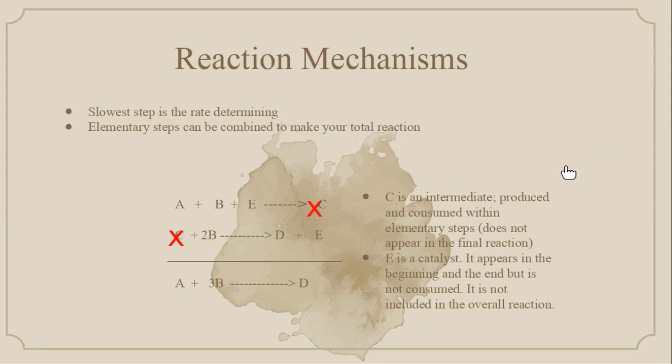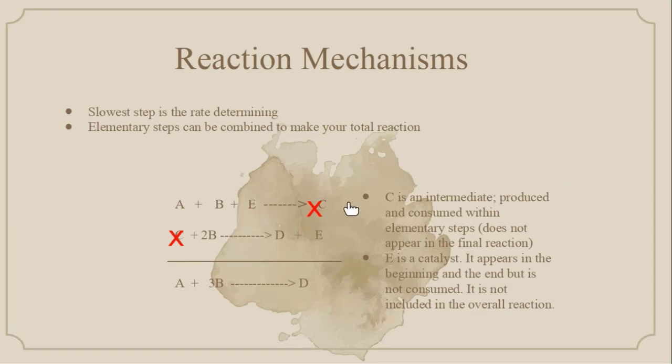So going with this analogy, the person who takes the longest to complete their job is going to be the rate determining slowest step of the project. Because even if we could make one of the other people faster, you can't turn in your final project until everyone's done, right? So making the faster steps faster is not going to change your rate.